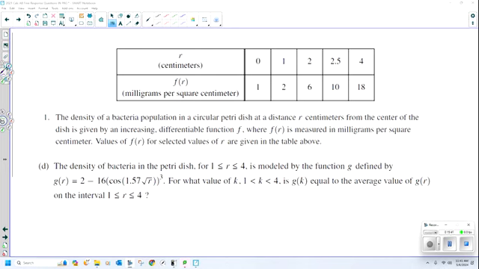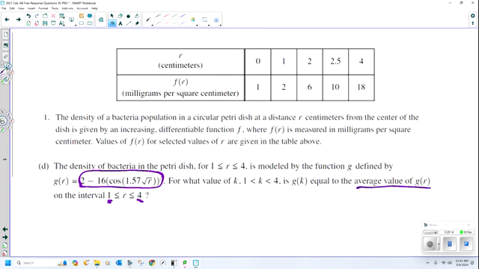So there's two things that jump out to me that are screaming. If I want to find the average value of G of R of this thing, I want to find the average value. It's not the average rate of change. It's not the mean value theorem. It is the average value on the interval from 1 to 4.